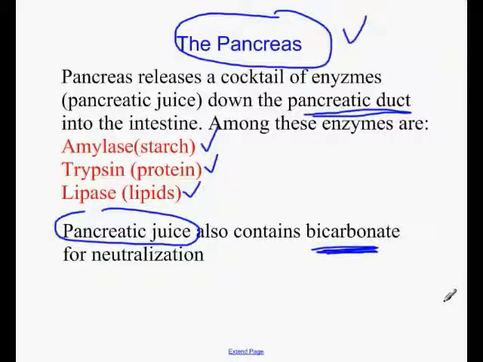Now remember, bicarbonate from your chemistry class was a base. And the reason why it's got to secrete that is that it will neutralize all the hydrochloric acid that's still coming down from the stomach. So tons of these enzymes, what we call pancreatic juice, or what they actually call a cocktail, comes down from the pancreas into the small intestine and does the majority of the digestion.